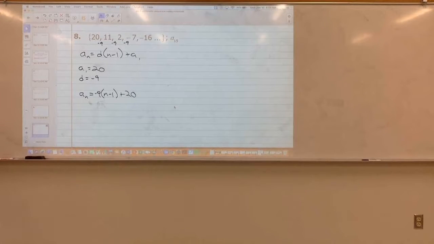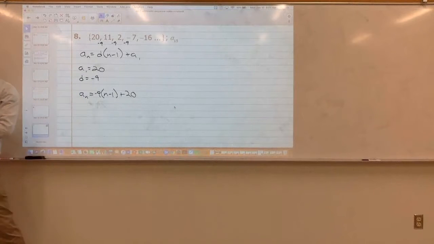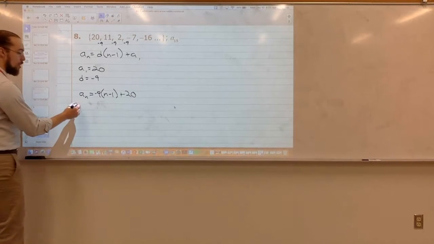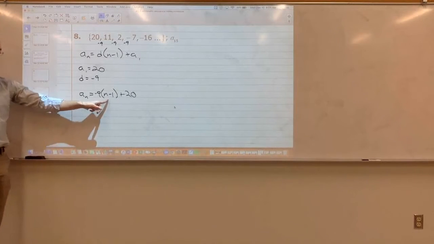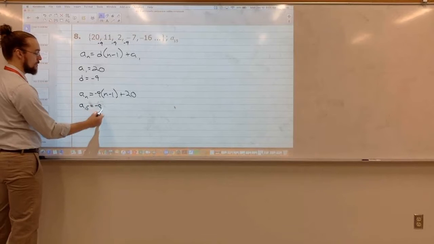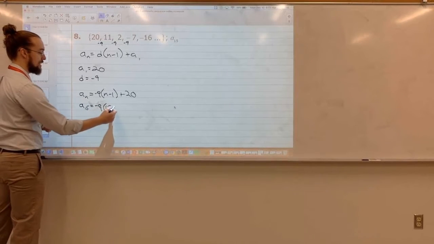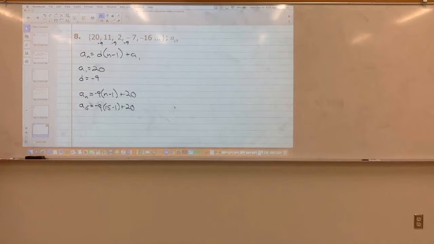Now in this case, we want to find the 15th term in the sequence. So all I want to do is plug 15 in for n. So I'll say a sub 15 is negative 9 times (15 minus 1) plus 20. So what do we get for that?